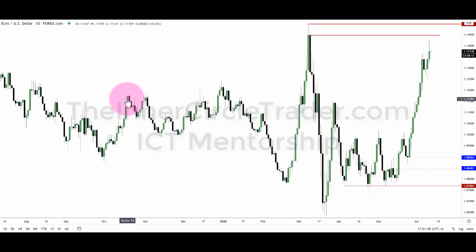So it's above the rejection block here, which is 1.1172 and 9 pipettes. The high on this candle, 1.1175 and 7 pipettes. Does it blow out the high? No. The high is 1.1179. Rejection block traded to here and here. Then it trades lower.